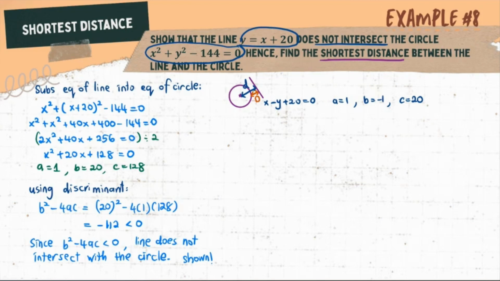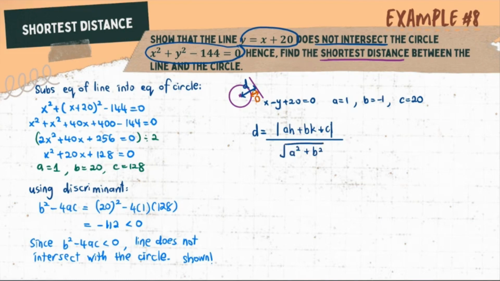Okay, so tadi untuk dapatkan D kecil, maksudnya distance daripada center kepada our line. So modulus of AH plus BK plus C over dengan square root kepada A squared plus B squared.